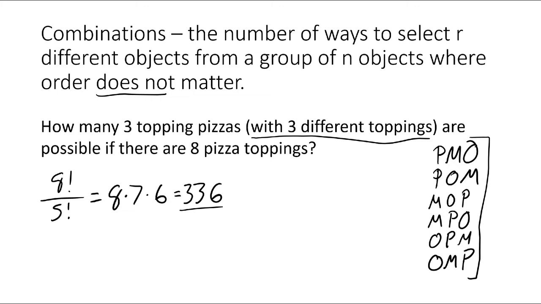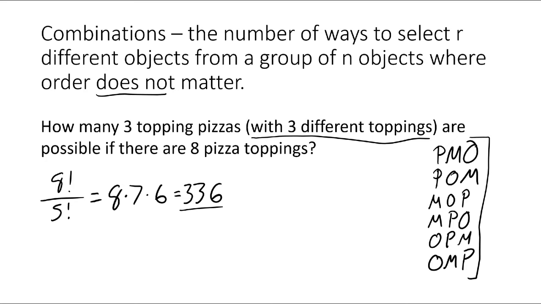So the way that we're going to deal with this is basically the exact same way that we dealt with dividing out those 5 competitors in the race that we didn't really care about the order of. Here, we're going to divide out the number of ways in which we can rearrange those 3 ingredients because we really don't care how we rearrange those 3 topping choices.